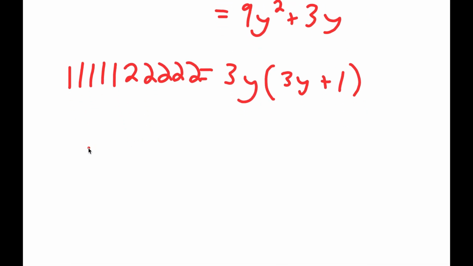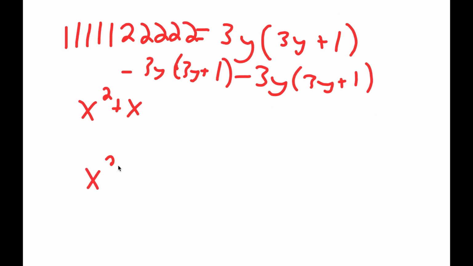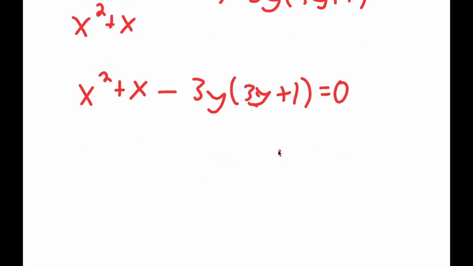Now I can put this as x squared plus x, and then subtract 3y times 3y plus 1 on both sides. So I get x squared plus x minus 3y times 3y plus 1 is equal to 0.